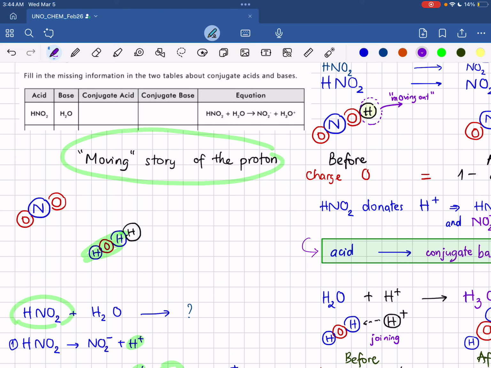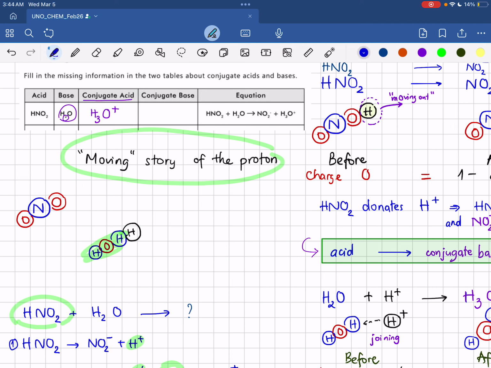Basically, if you want to find the conjugate acid, you have to start from the base, and this is the base. In order to become a conjugate acid, it should have more hydrogen. Now it just has 2, so with 1 more it should be 3, right? And the other atoms in the molecule stay the same, with another plus from the proton, because a proton has 1 positive charge.